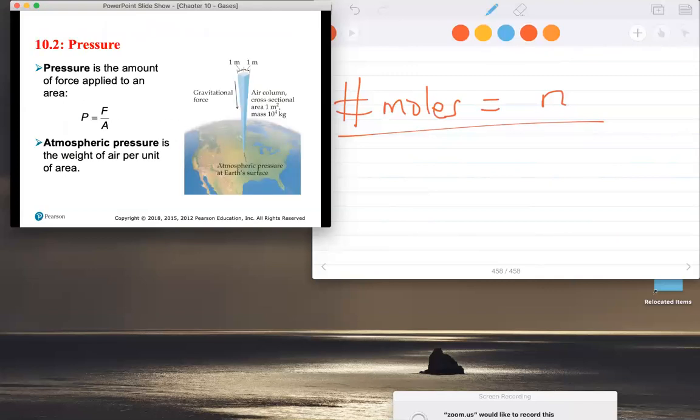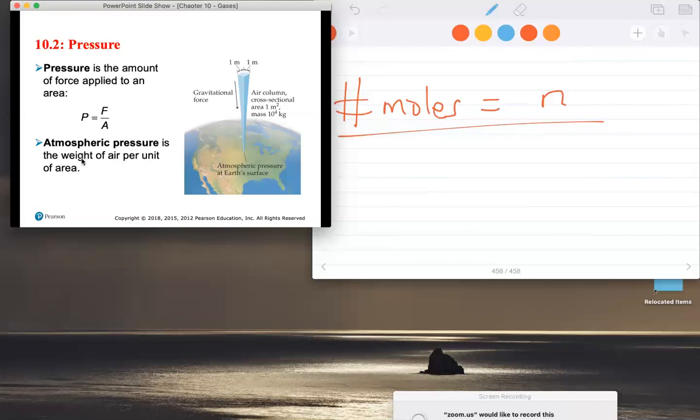I know you covered this before. Pressure of a gas is simply the force exerted by gas molecules on any surface, and it is determined by the force and the area being exerted on. It is force over area.